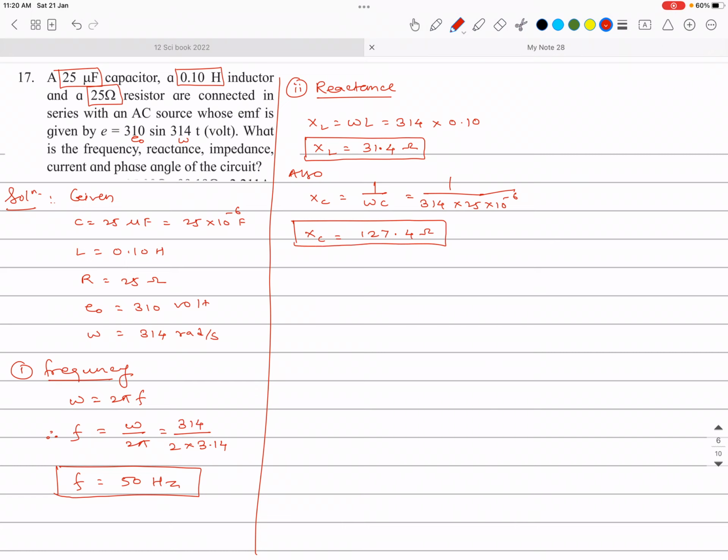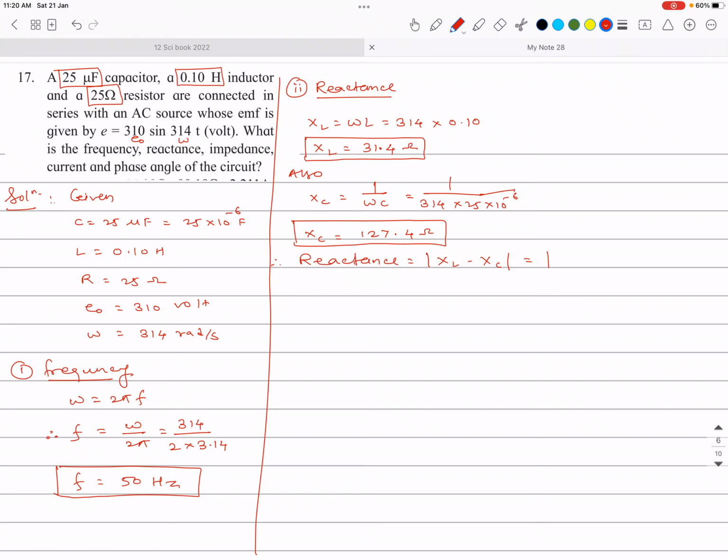But we have to find out effective reactance. Hence, reactance is given by formula XL minus XC. So here XL is less as compared to XC. It only indicates that this is a capacitive circuit. So here we can substitute. We have to find out magnitude of the difference of XL and XC.